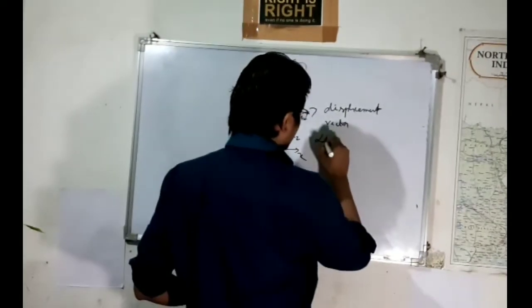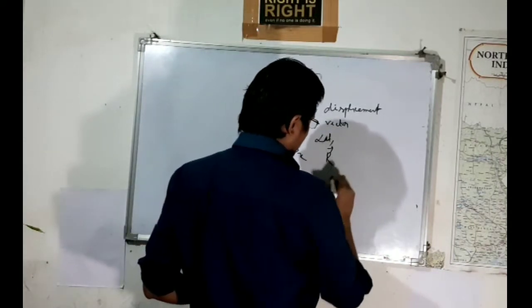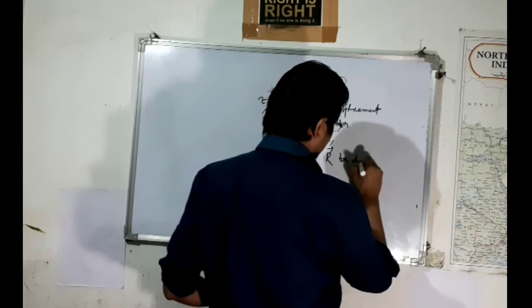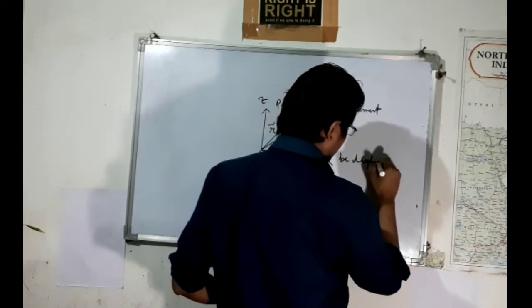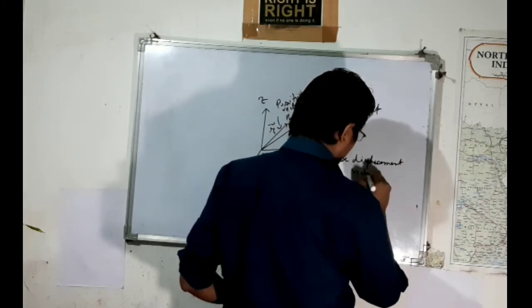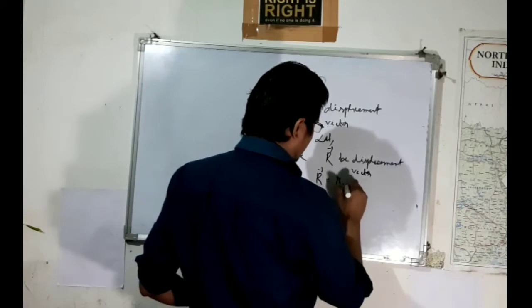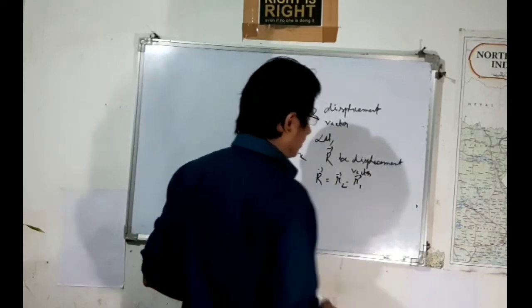Let the displacement vector be r. Then r is equal to r2 minus r1.